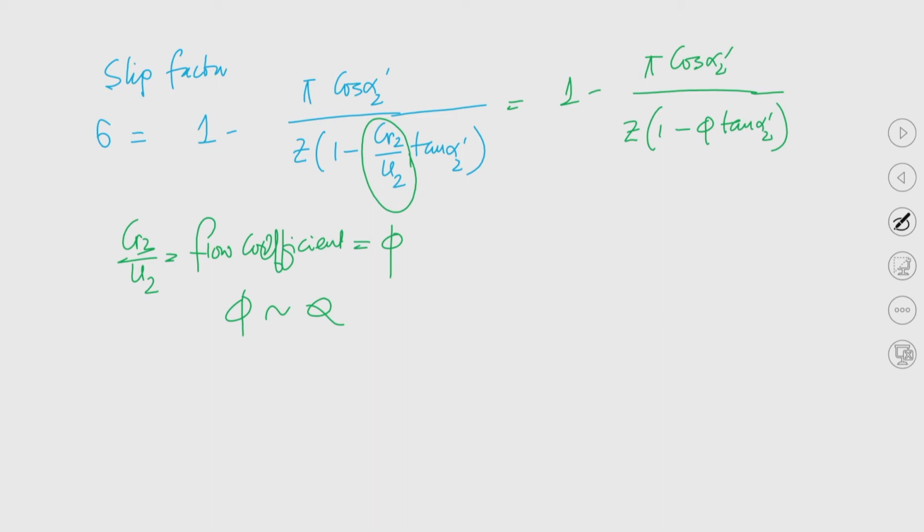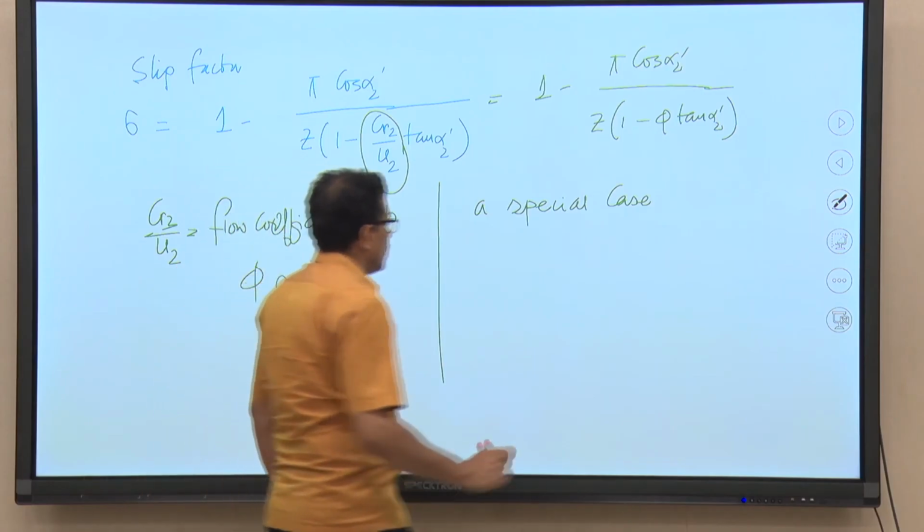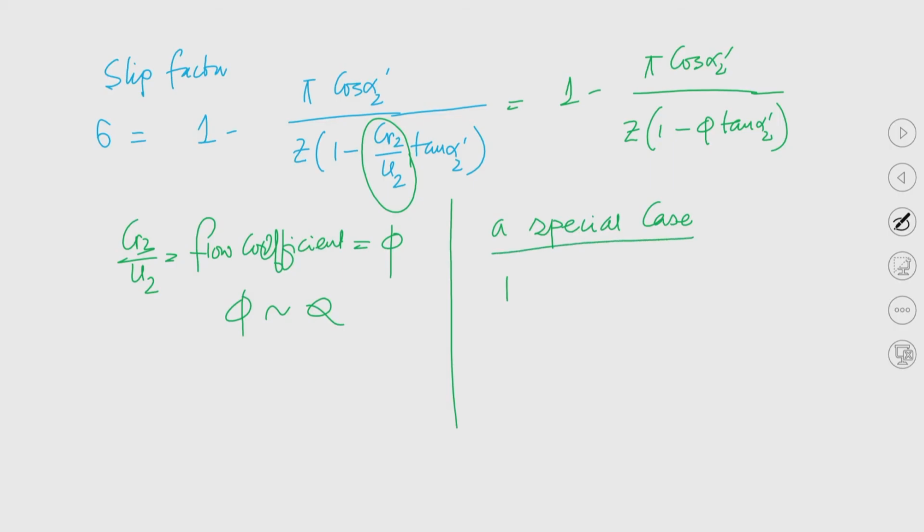Now, if we consider a special case, that of purely radial blades, right. So, basically for radial blades, alpha 2 is equal to 0, and alpha 2 dash will also be equal to 0.